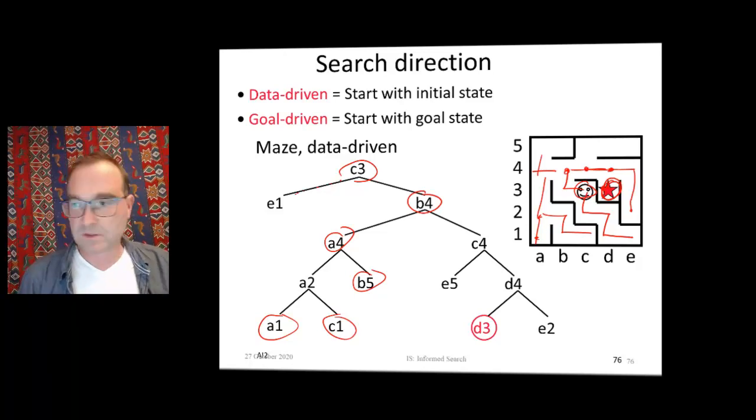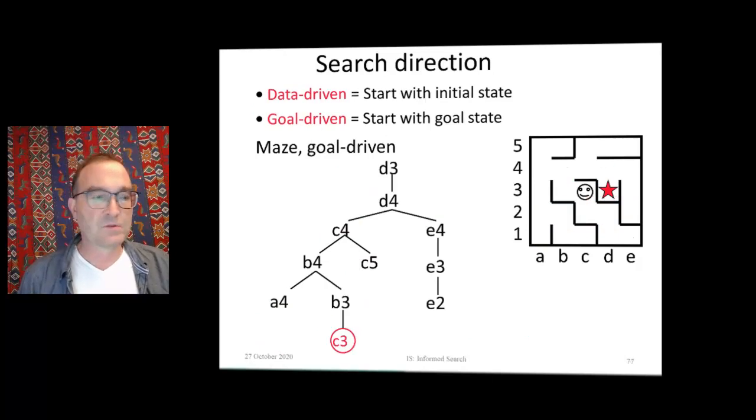But obviously, we could also do it the other way around, that in the same situation, we try to find a path starting from the goal. This is then called goal-driven search, and basically then you can choose to go from D3 to D4. Then you have the choice going in one direction to E1, so E2, and this is this path here.